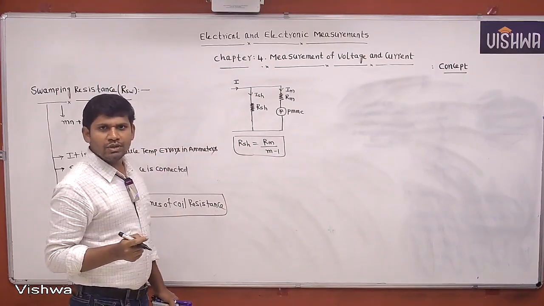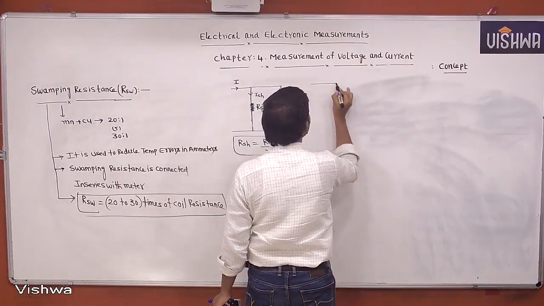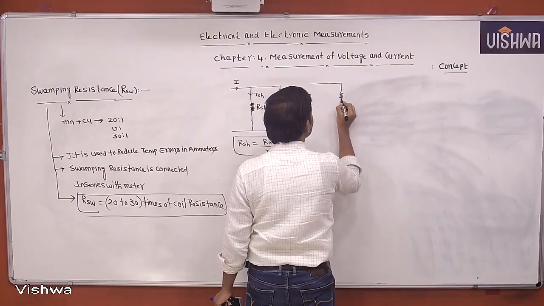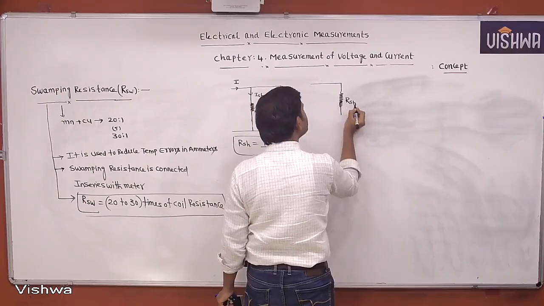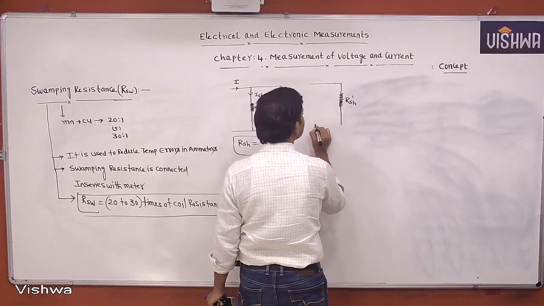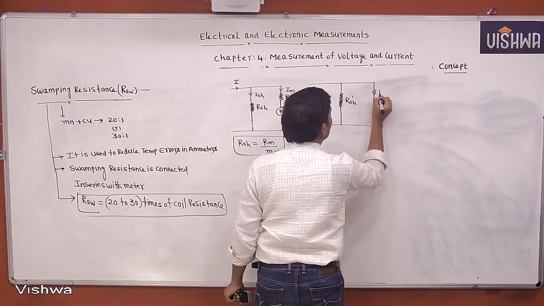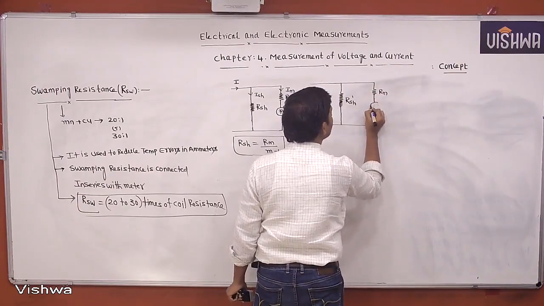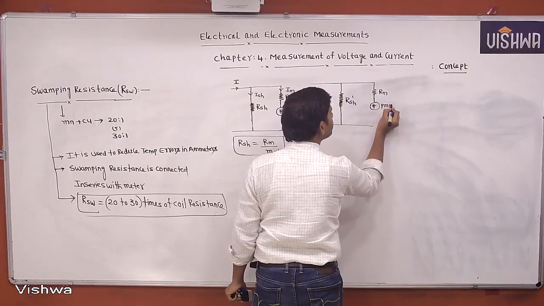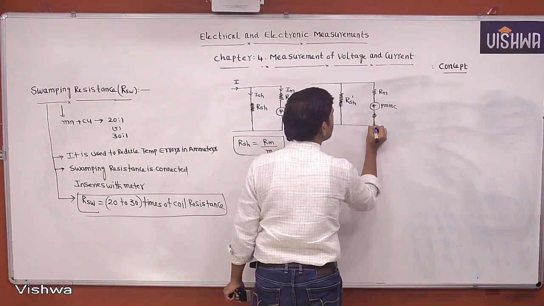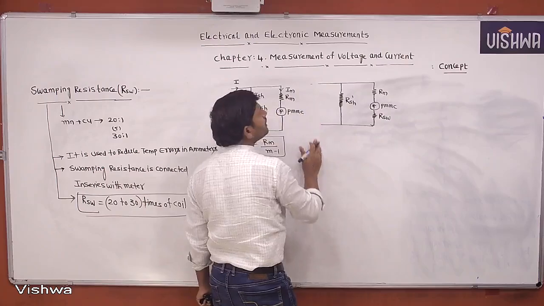Then to reduce the temperature error, we are using swamping resistance. Let this be RSH dash. With the swamping resistance, the design value will change. This RM is the meter resistance, this is the PMMC meter movement, and this is RSW. Swamping resistance is always connected in series with the meter.